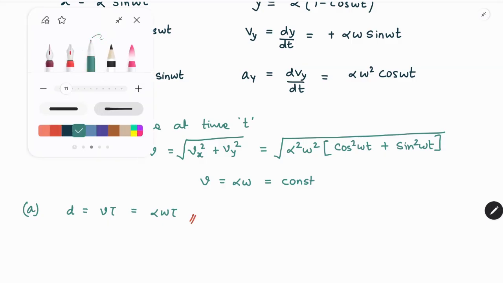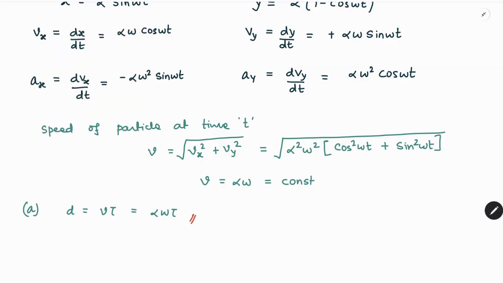And for the second part, the problem is asking us the angle between the point's velocity and acceleration vector. So if we calculate the angle between velocity and acceleration vector, then we say that the velocity in vector form, v vector, can be written as alpha omega cos omega t i cap plus alpha omega sine omega t j cap.